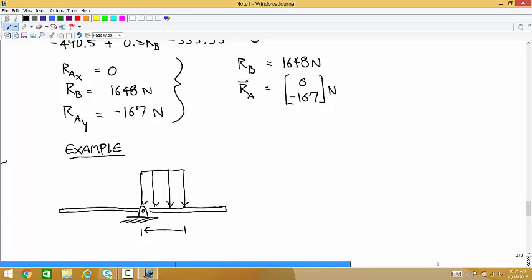So let's say this distance is 0.5 meters, this is 0.5 meters, and this is 1 meter. And let's say that at this end there's a roller acting down.